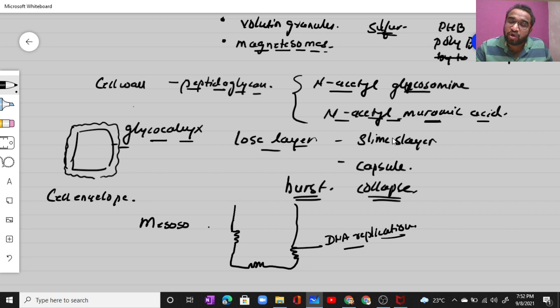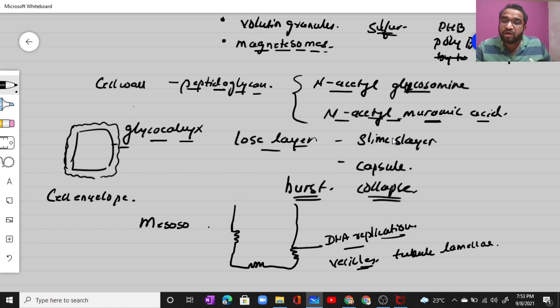They also form the vesicles, the tubules, and the lamella inside the bacterial cell in the cytoplasm. They also help in the DNA distribution during daughter cell formation.